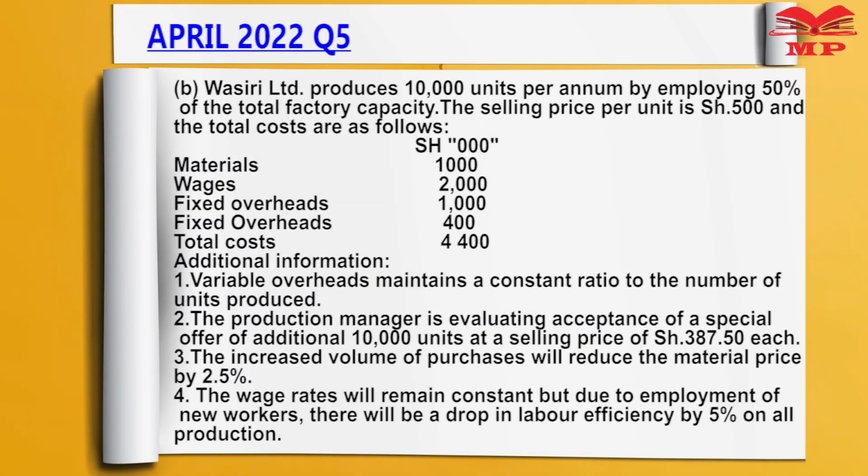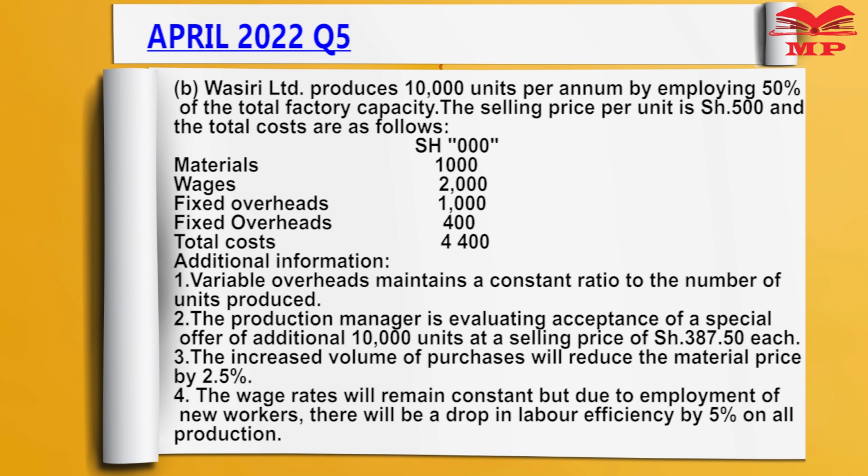Part B of question number 5. We are told that Yasir Limited produces 10,000 units per annum by employing 50% of the total factory capacity. The selling price per unit is 500, and the total costs are as follows.